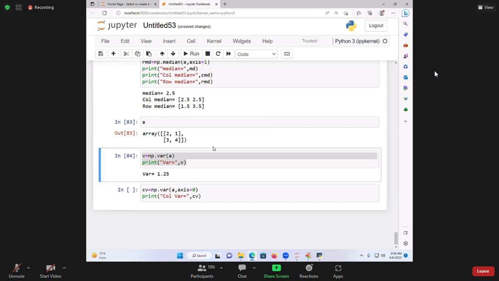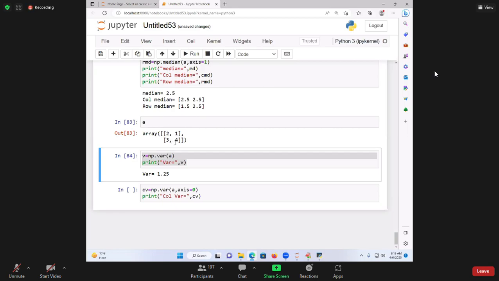Then 2 minus 2.5 is minus 0.5, whole square is 0.25, plus 3 minus 2.5, 0.5 whole square is 0.25. 0.25 plus 0.25 is 0.50, divided by 2 is 0.25. You are thinking but not remembering. 0.25 is the first column variance.